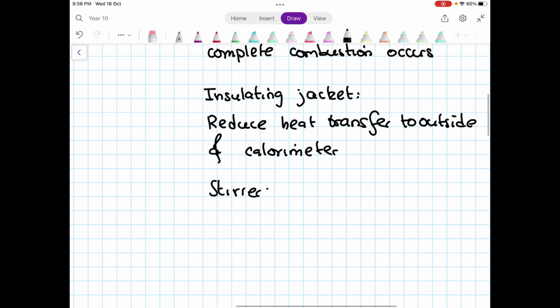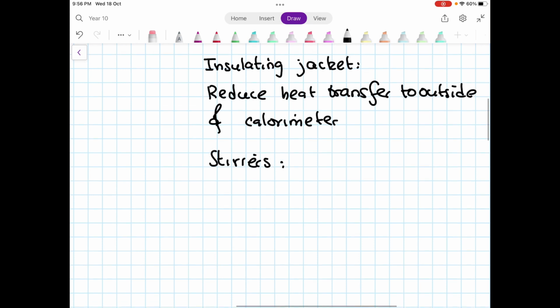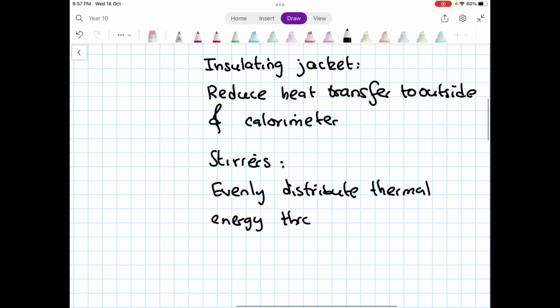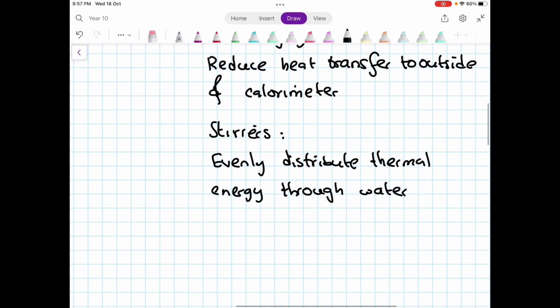There are stirrers to help evenly distribute thermal energy through the water. There are ignition wires which directly heat the food sample.